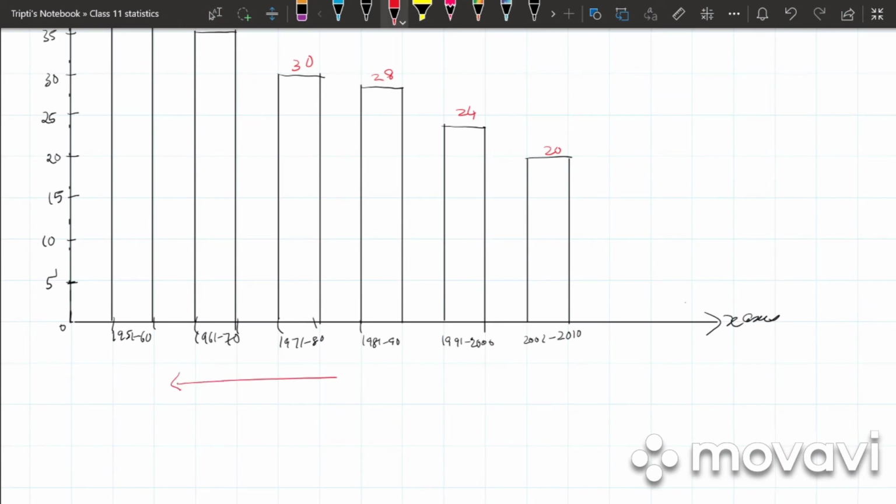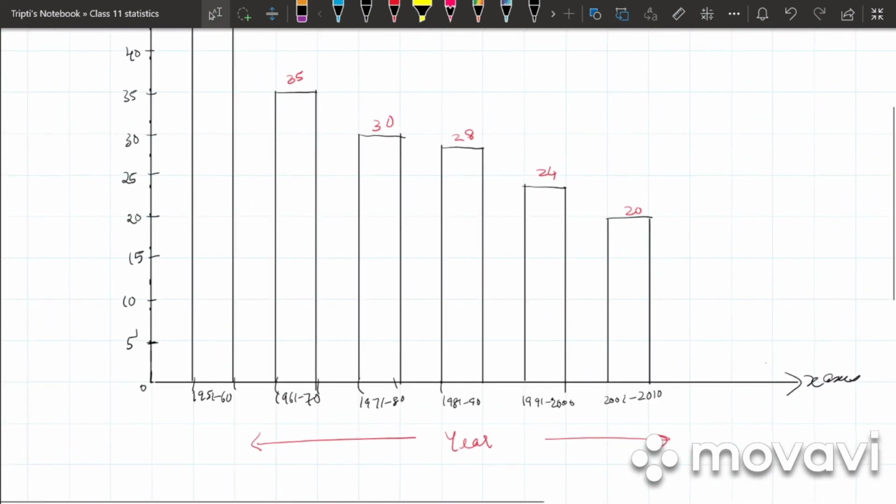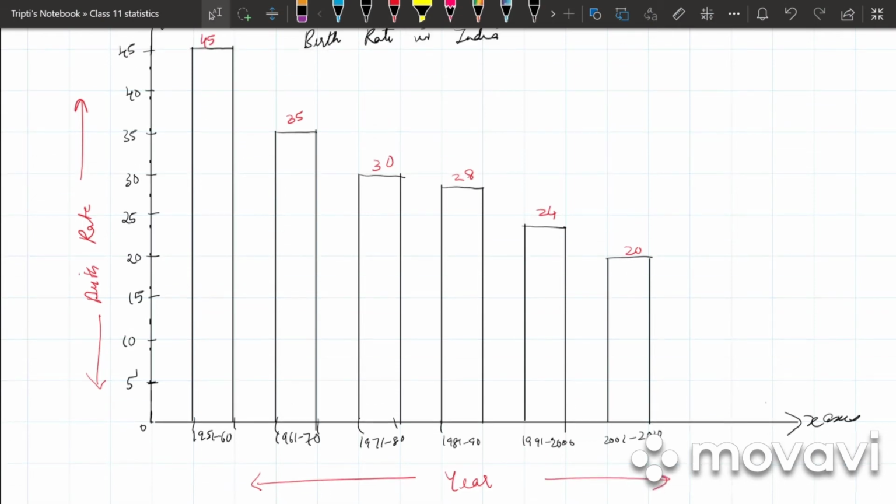So wherever you have written x-axis, below that you will be writing year, and wherever you have written y-axis you will be writing birth rate. Clear? This is how you will be doing the vertical bar diagram.